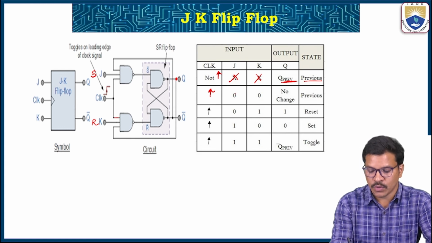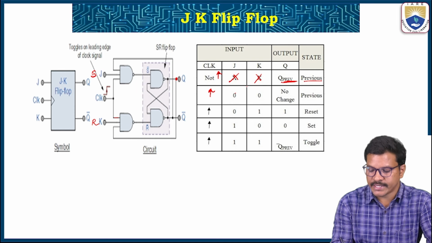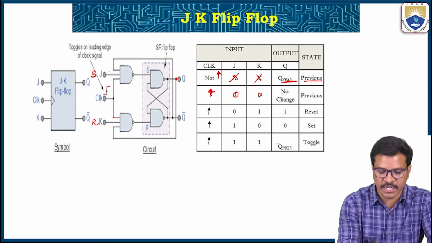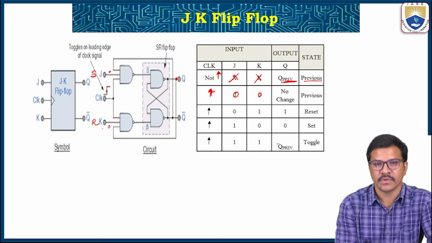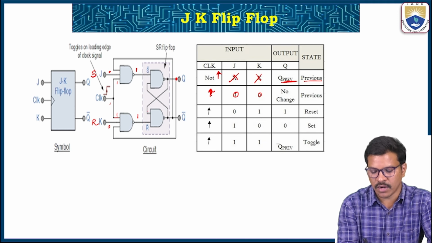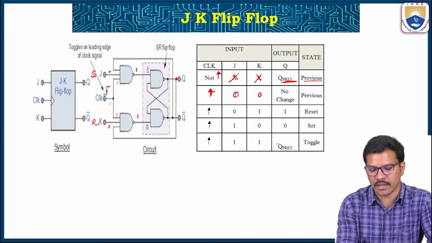Okay, so let us consider one case when the clock is high, J 0, K 0. Clock is high, 1, 1, 1, 1. So for a NAND gate, if any one input is 0, the output is 1, 1. So SR is equal to 1, 1 in the NAND gate, which depends on the other input. So assume that Q is 0.